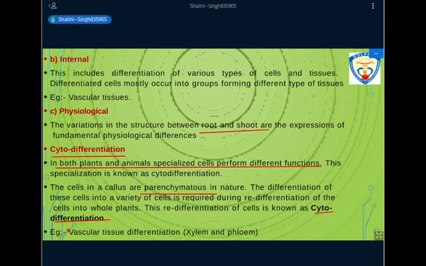For example, vascular tissue differentiation, and vascular tissues are xylem and phloem. You know that xylem and phloem have very important functions required for the plant's own maintenance and growth. Clear, or is there any question?